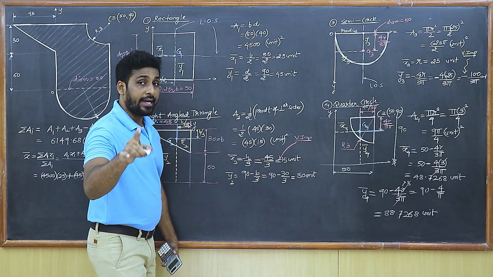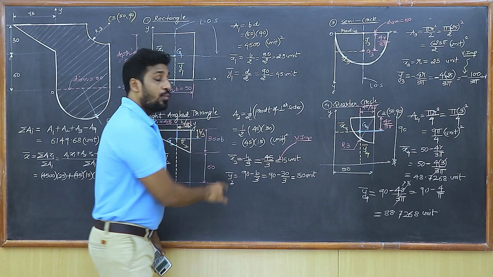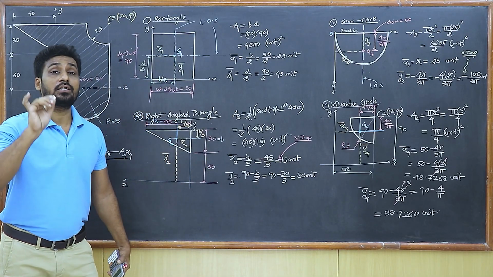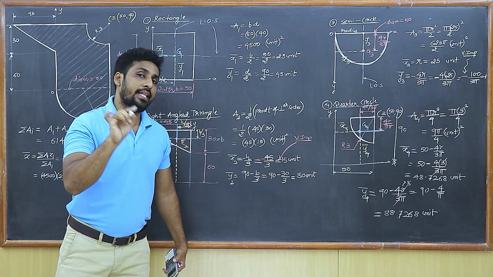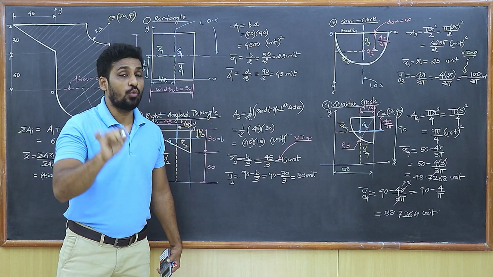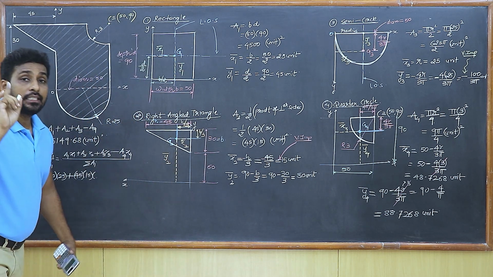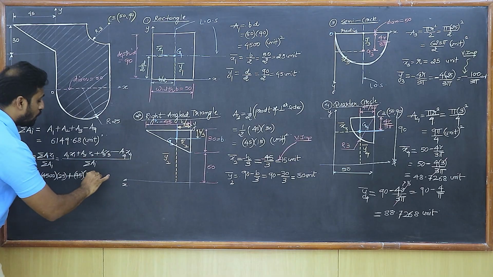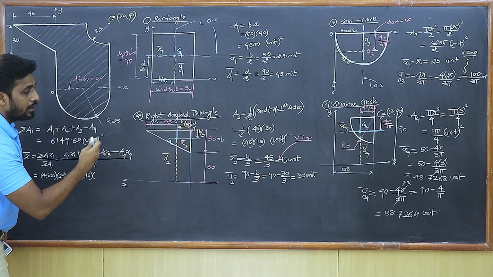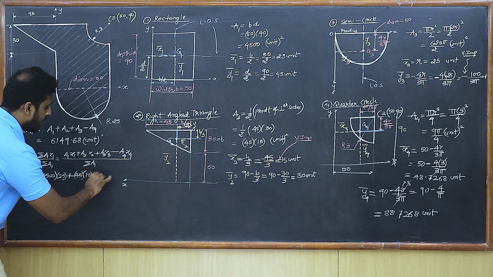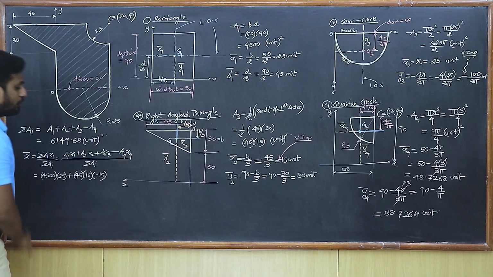You got to be very careful now. What is the value of x2 bar? It is minus 15. So you want to take the sign also here. You want to consider the sign of the coordinate also. It is minus 15. So I write here 45 into 15. That's the area into x bar is minus 15.